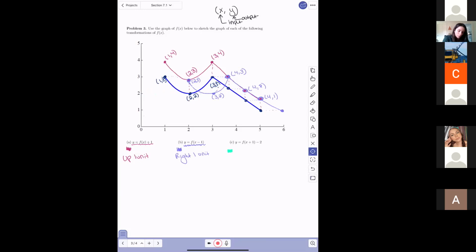That's why these last three aren't exactly on a nice point, I don't think. But you could see with the points that are clearly on a perfect point, that's not a fraction, that all of our x values are being pushed to the right 1 unit.